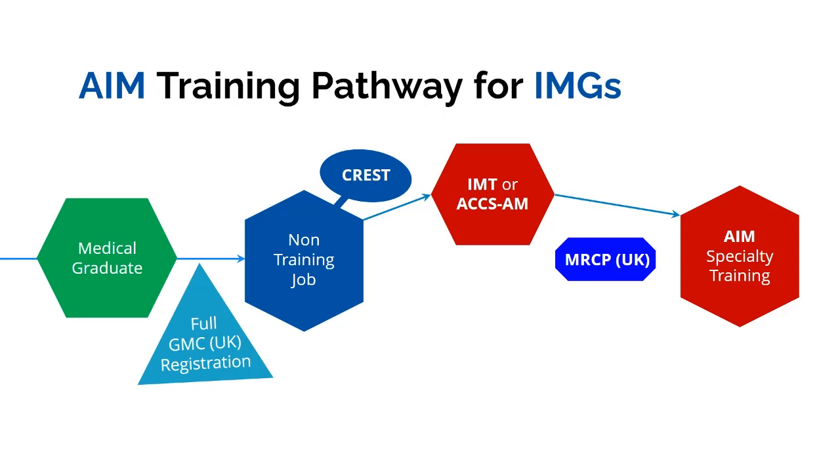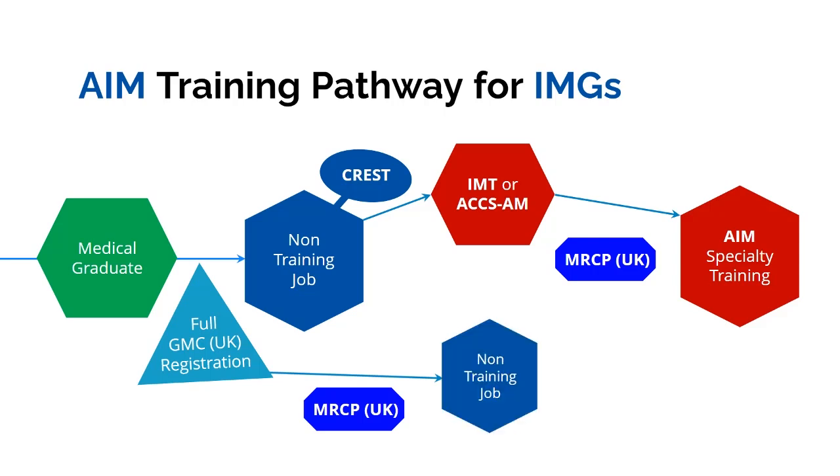Now you can take a slightly separate pathway. If you have GMC registration through MRCP, meaning you have completed MRCP already, all the parts including PACES, you can actually start a non-training job a bit higher, as a registrar or something.